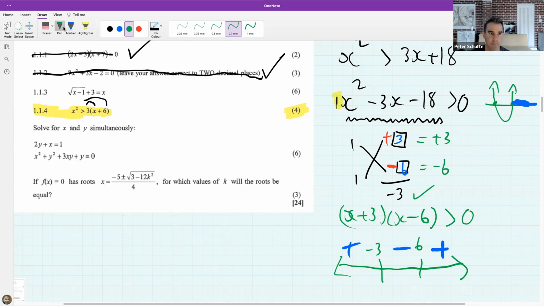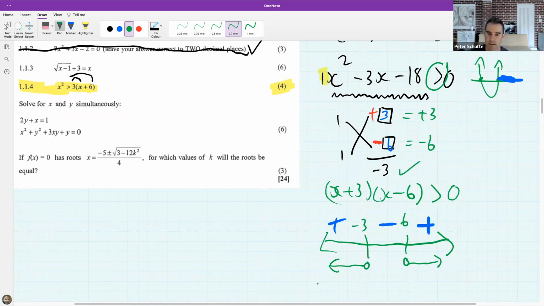Now, because it's strictly greater than, this is an empty circle. It's not including 6. And it goes here. And here is going to be an empty circle as well, because it's not including the 0 value. So those are my two answers there. I get x < -3 or x > 6.